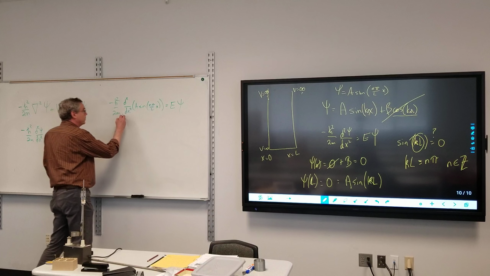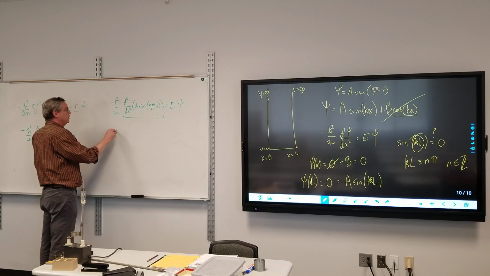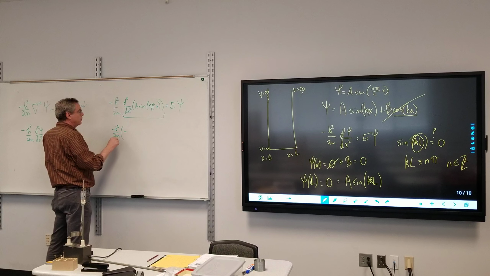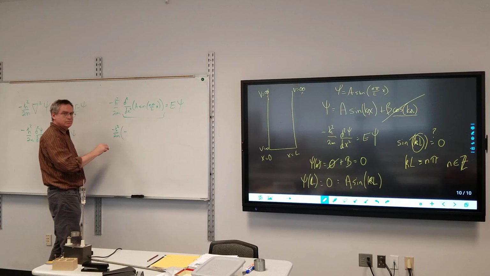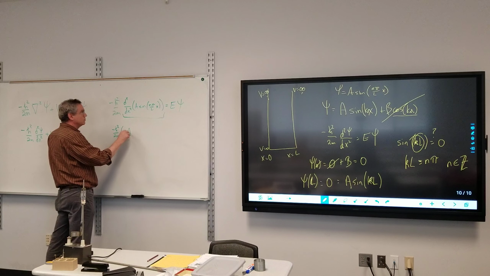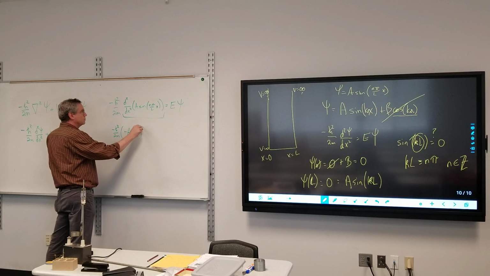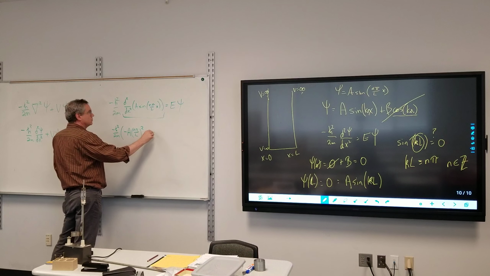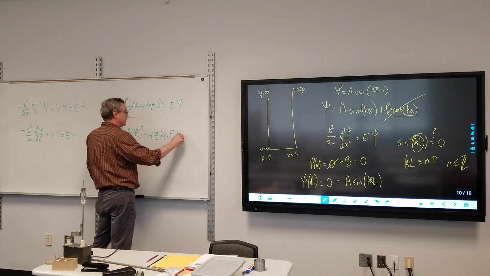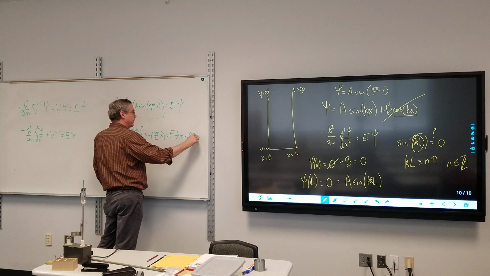So let's do it. What is the second derivative of this with respect to x? Negative A n pi over L all squared, sine of n pi over L x, is equal to E times A sine n pi over L x.